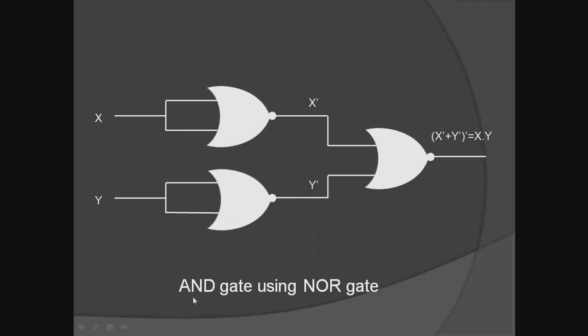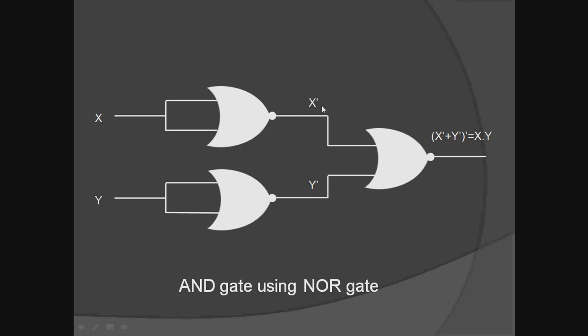Then you can also get the AND gate using NOR gate. You have to use 3 NOR gates. Here x is one single input, y is another single input for these 2 NOR gates. The outcome of that output is x complement, y complement. Since you have 2 input values from 2 NOR gates, that will be passed to this NOR gate as input value.